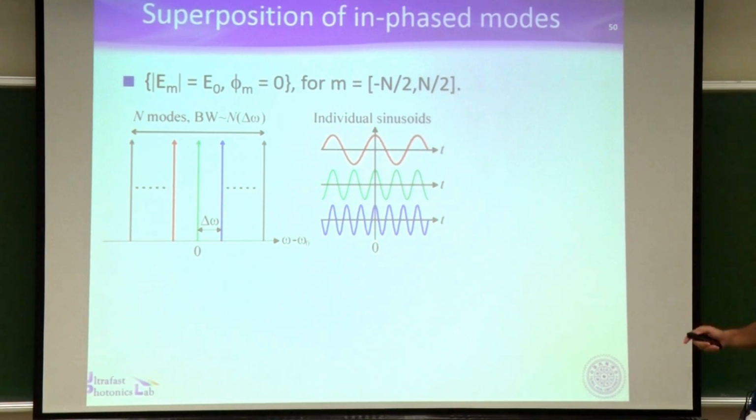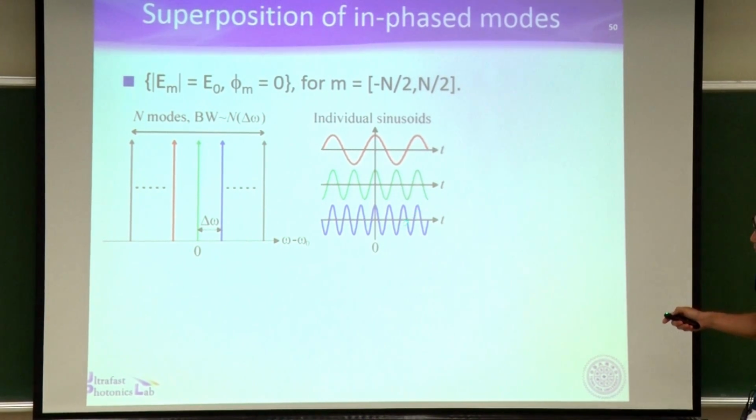And the blue one is the rightmost mode, corresponding to highest frequency sinusoidal function. And remember, these 3 modes share the common amplitude, so these 3 curves have the same amplitude. And they have 0 phases, so all of them are cosine functions. Peak occurs at t equals 0, right?